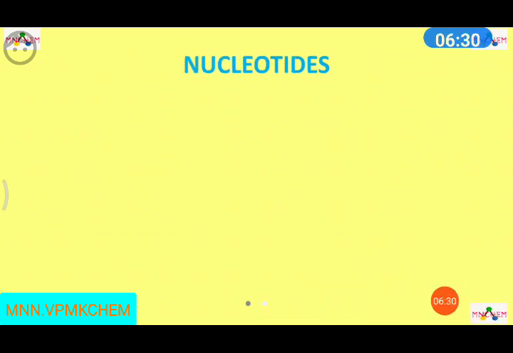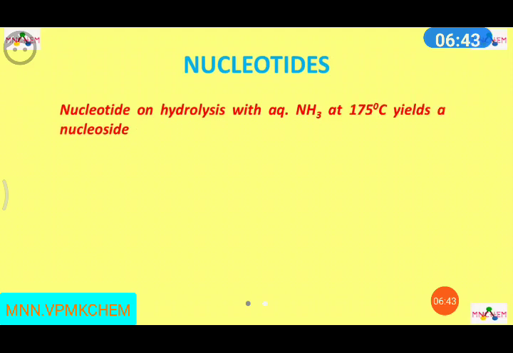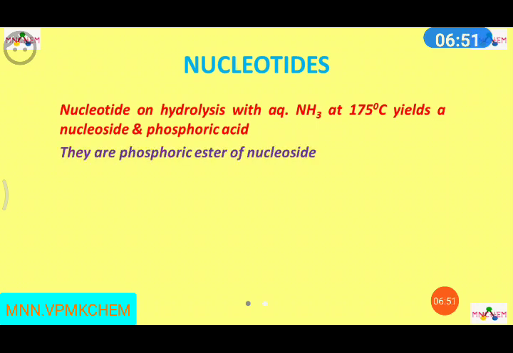Now let's discuss nucleotides. Nucleotides on hydrolysis with aqueous ammonia at 175 degrees Celsius yield a nucleoside and phosphoric acid. Therefore, they are also called phosphoric esters of nucleosides. The phosphoric acid is directly attached to the sugar.